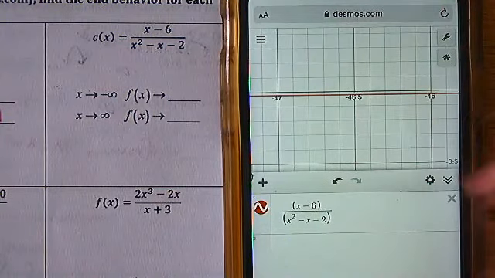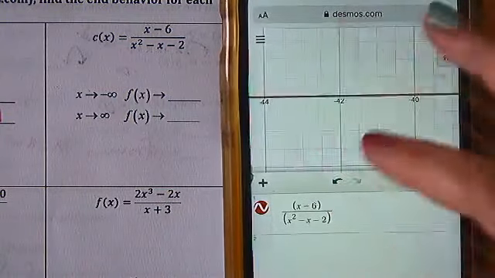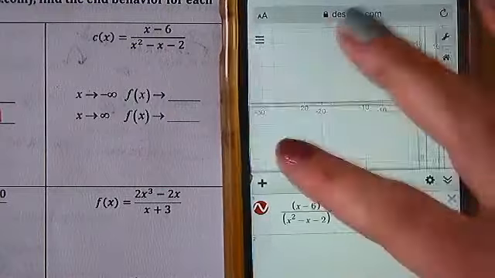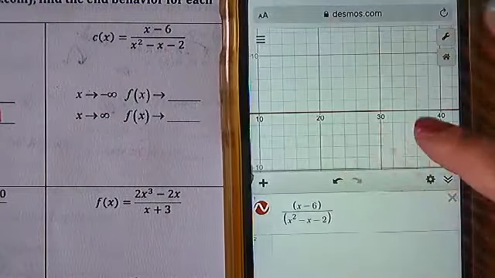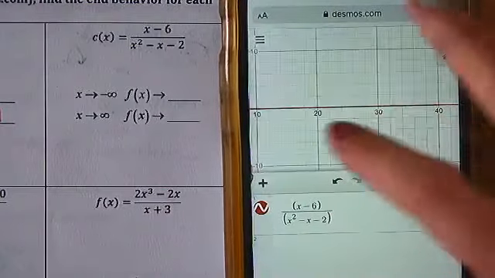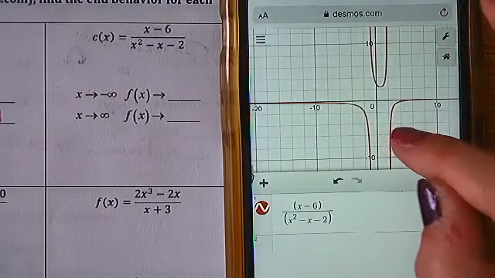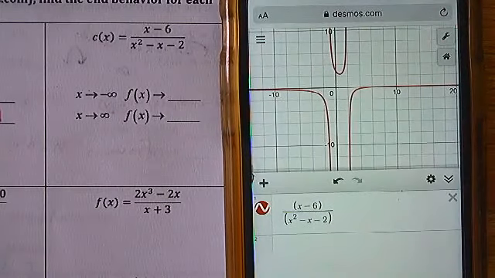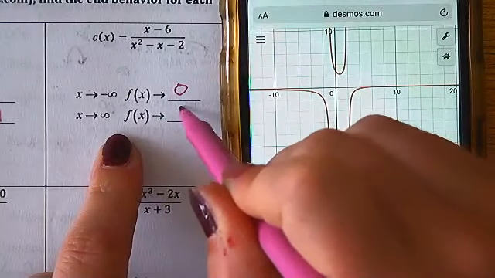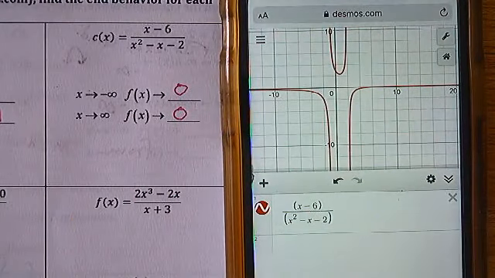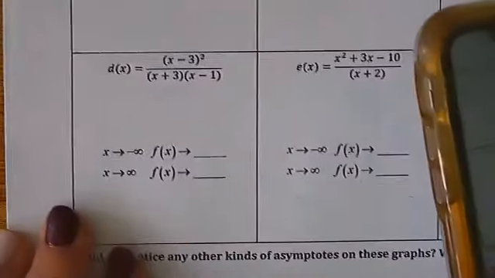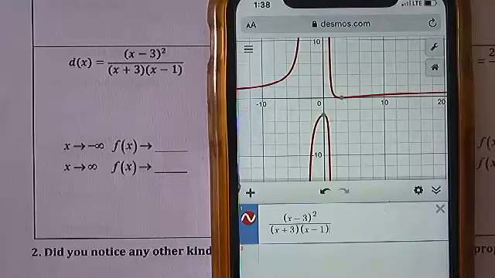It's getting closer and closer to the x-axis. And is it happening over here too? Yeah, like that's approaching 0, right? Do you guys agree? So this graph, the end behaviors are approaching 0, or the x-axis for letter C. Let's go ahead and check out letter D next.